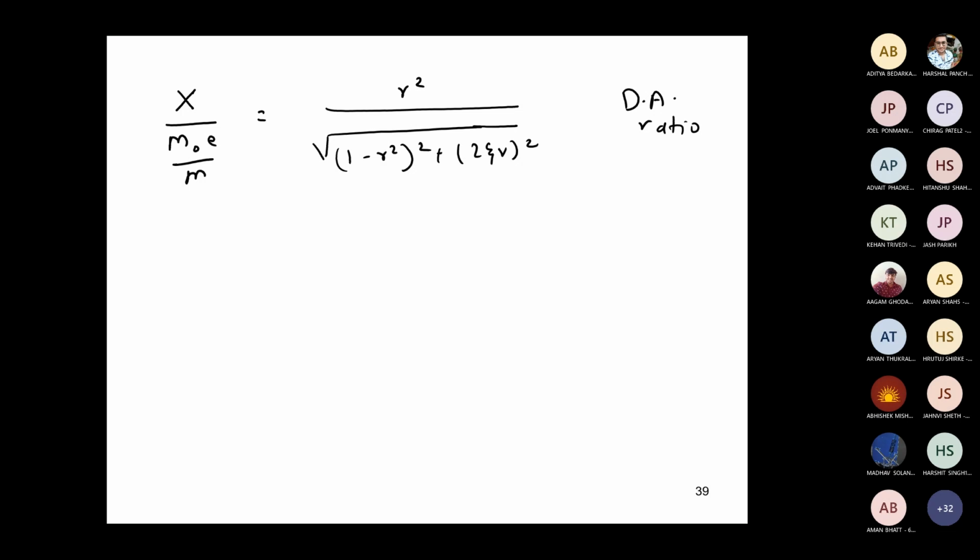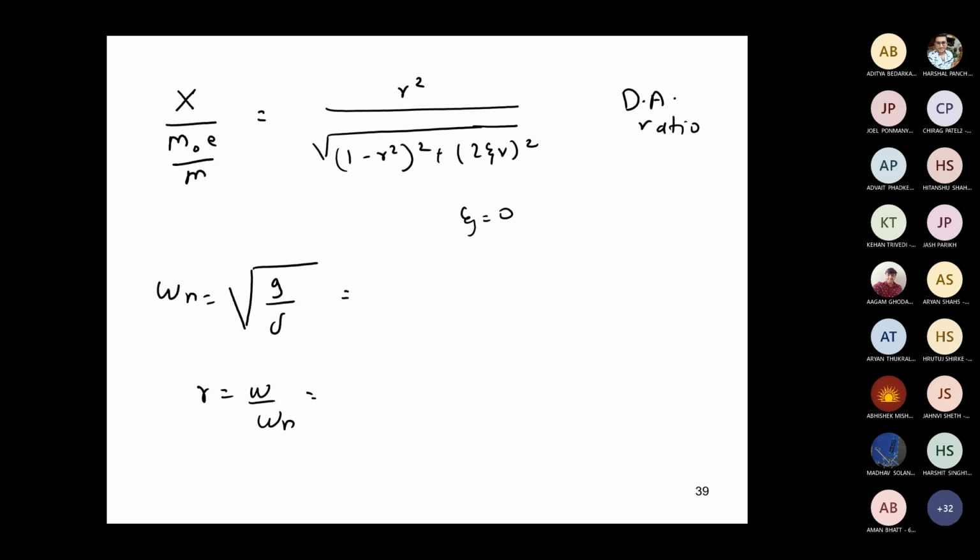There is no damping, so zeta is 0. Omega n will be square root of g by delta static, and r is omega by omega n. So find out r and substitute in the equation.